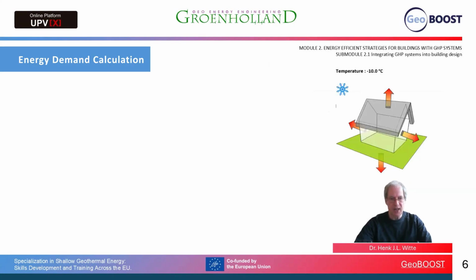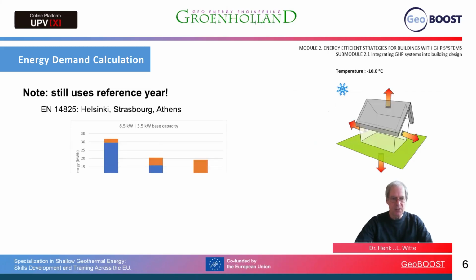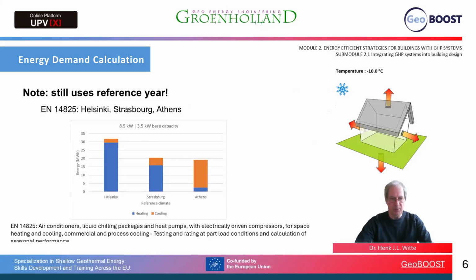If we do this for different climates with 8.5 kilowatts heat load and 3.5 kilowatt cooling load, we can see a huge difference between the heating demand and cooling demand for climates in Helsinki, Strasbourg, or Athens, which are in fact the northern reference climate, the middle European reference climate, and the southern European reference climate for the norm EN 14825, which is the norm to calculate seasonal performance factor at part load conditions. Keep in mind that this is still a reference year, and of course this reference year is still fairly conservative.